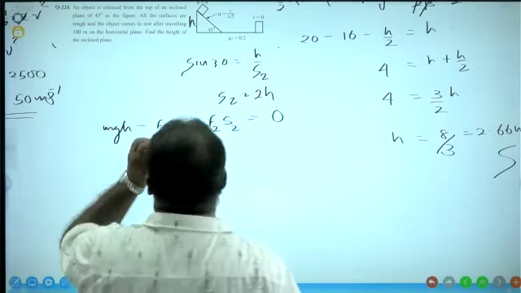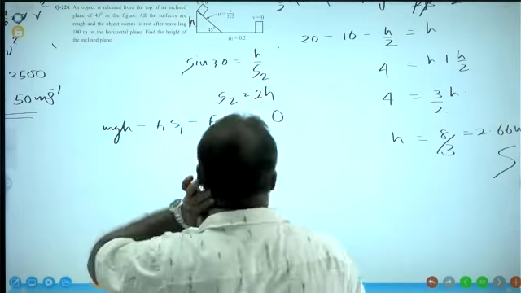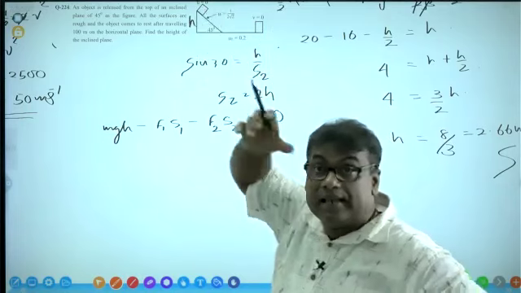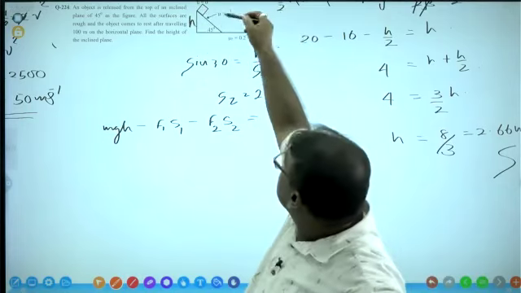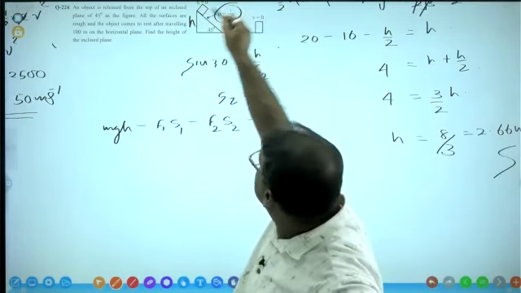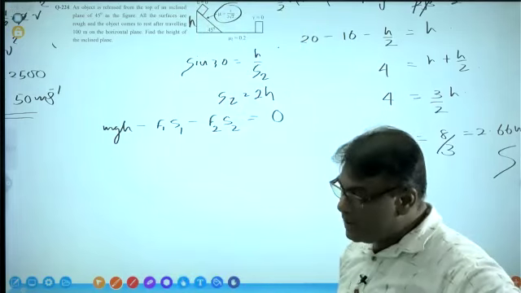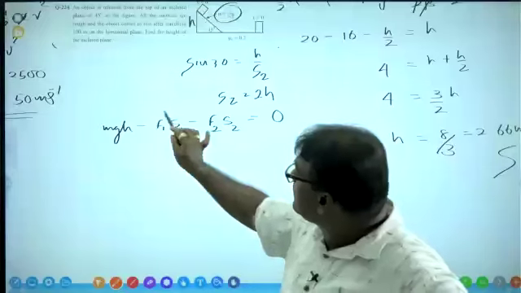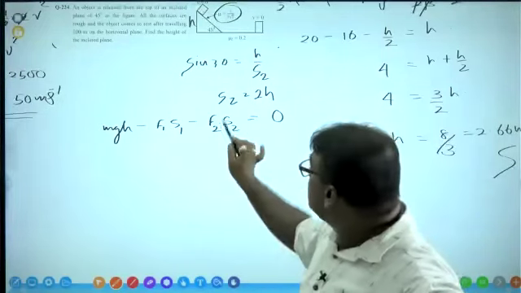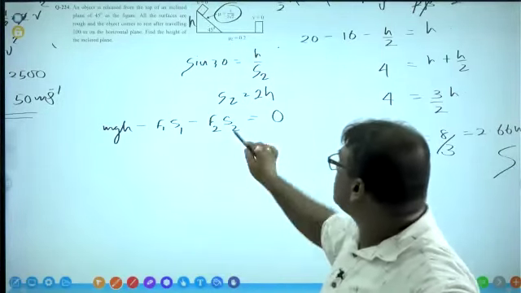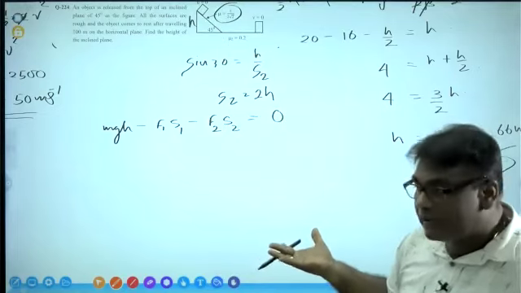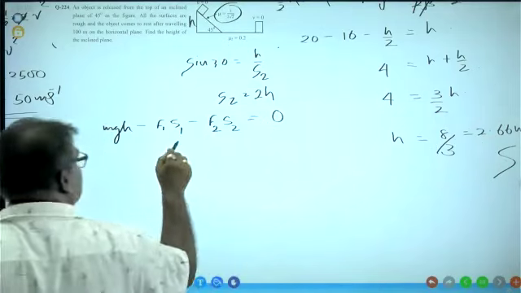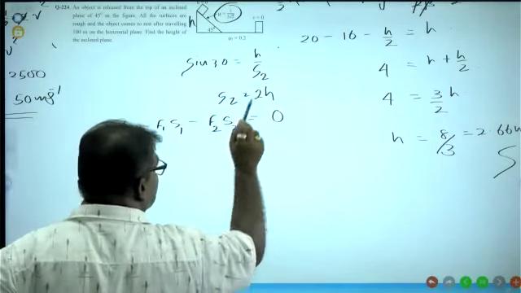Then the total energy will be converted like this. Potential energy at the beginning is the mechanical energy. Part of that is liberated due to the frictional force on the inclined plane, a different value compared with the horizontal plane. This one belongs to the inclined plane, this one belongs to the horizontal plane. The final one is 0. Done. Then mgh minus F1 S1 minus F2 S2 is 0.